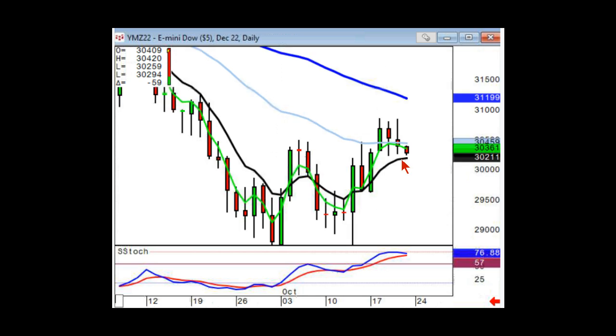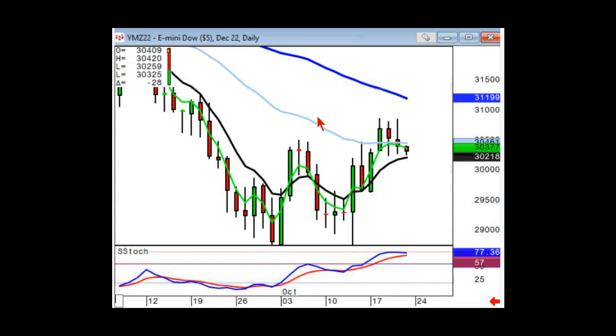They don't mean a hill of beans until about 7 minutes before the market opens. Remember, this is investor sentiment at this time of night, which has nothing to do with what investor sentiment might be at 9:23 tomorrow.